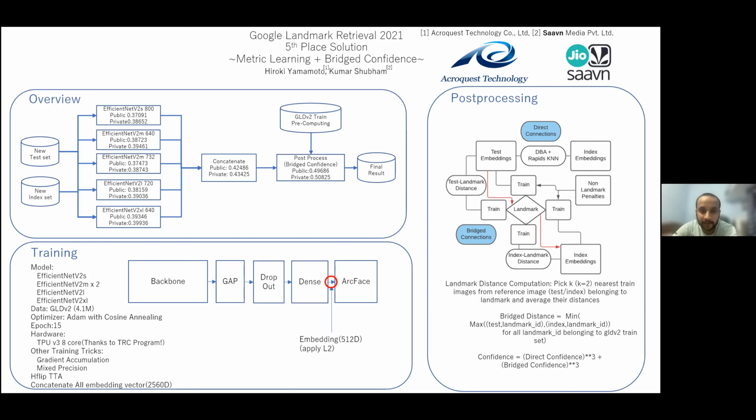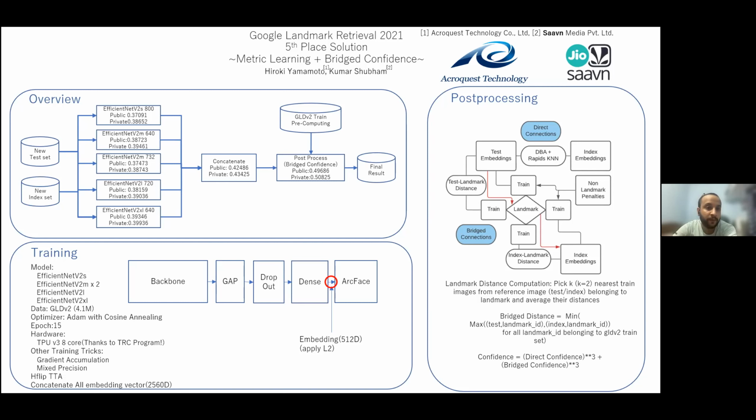We define bridge connection as the maximum of these similarity values for all possible landmarks. Similarly, we get bridge connections for all test index pairs from our candidate set.